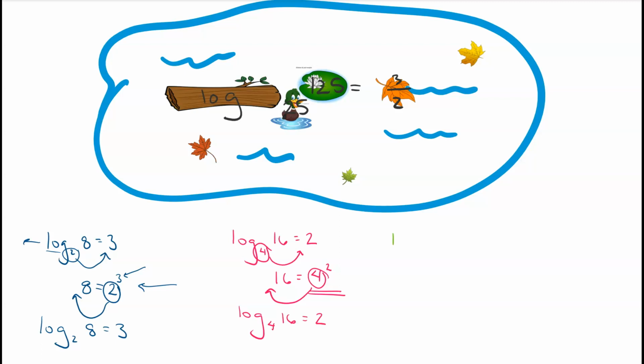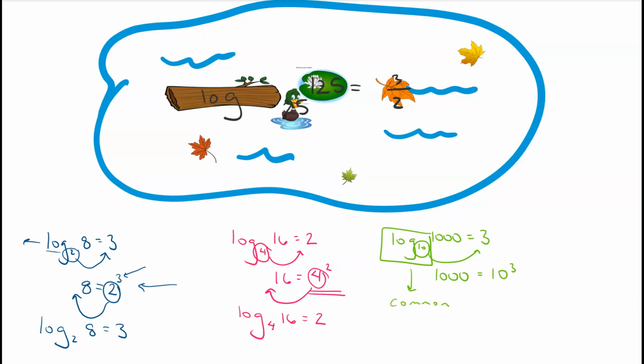One more here. Let's go with log base 10 of 1,000 equals 3. Convert this to exponential notation. The ducky dives under. We get 1,000 equals 10 to the 3. Now what I wrote here, this log base 10 is called the common log.